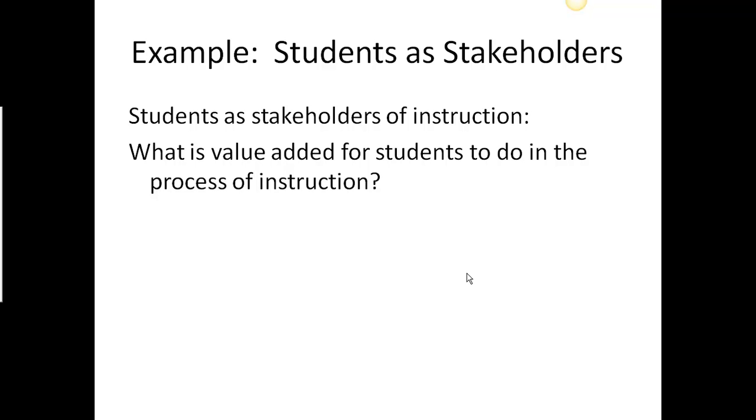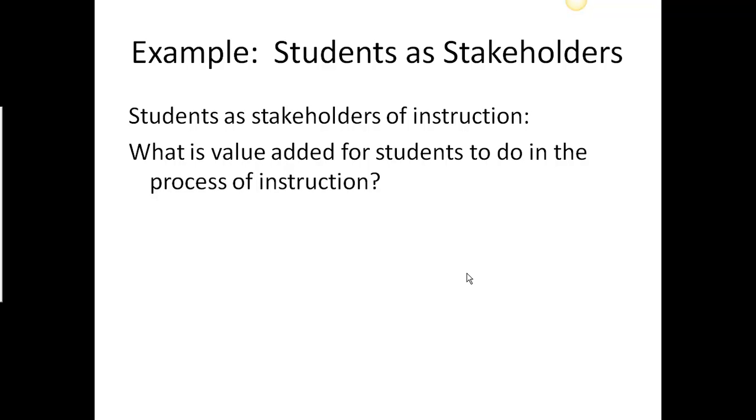But yet we need to be able to understand whether or not we're allowing them to fulfill the role as stakeholder of instruction. And if we can't answer that question, if we really don't know, then it's really hard to begin to ask the second question, what is value added for students to do in the process of instruction? So these are very interesting challenges for us.